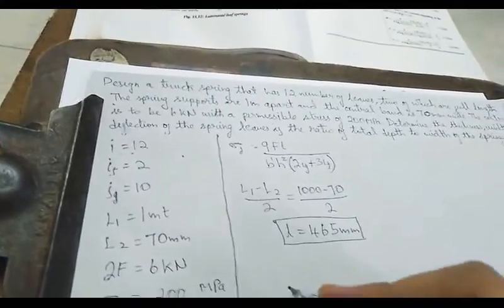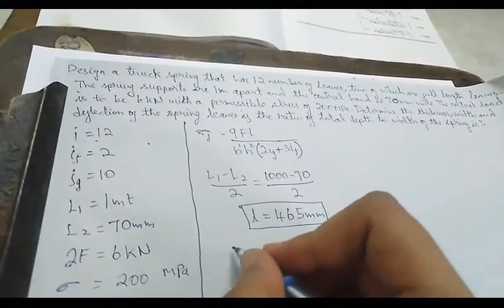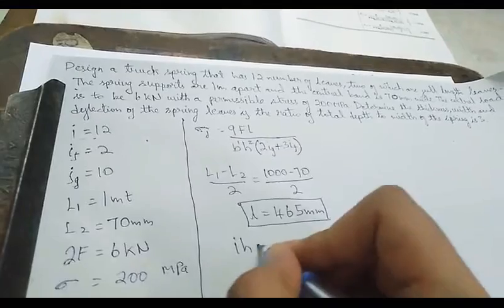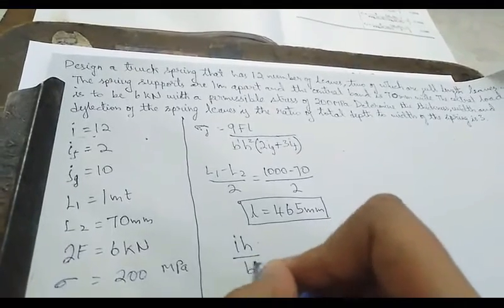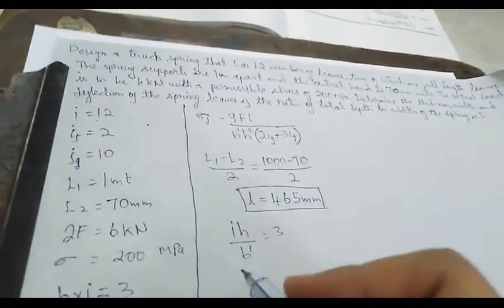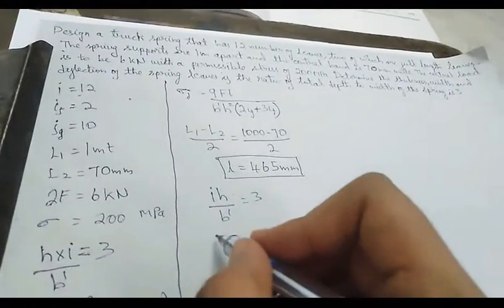They have also given iH by B dash is equal to 3. We know that i is equal to 12.